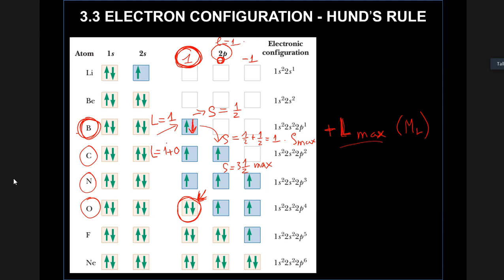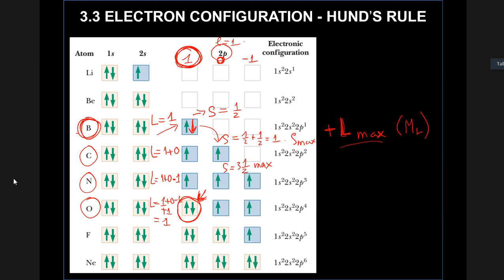And third, L in this case equal to 1 plus 0 minus 1 here, because you have three electrons in three orbitals with three different values of ML. So in this case, you also have L max equal to 1 plus 0 minus 1 and plus 1. So in this case, L equal to 1.